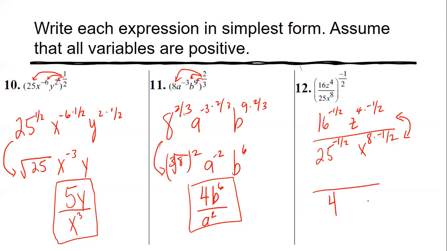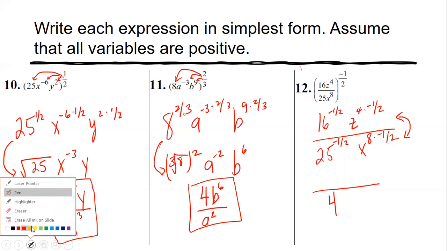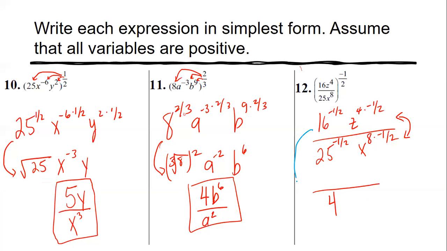Because that half power means I'm asking myself, what is the square root of 16? So this became that. Okay? So we have 4 times negative 1/2 gives us negative 4/2, which is negative 2. Because it's a negative 2, that means that it's going to be in the denominator.